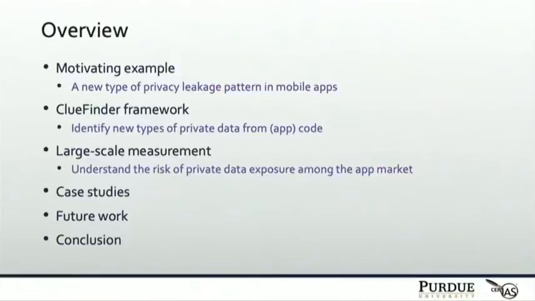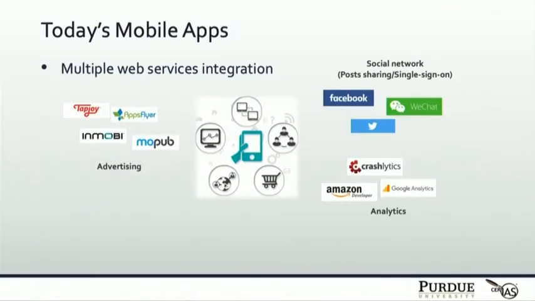With this framework, I will show a large-scale measurement, which enables us to better understand the scale and the risks of private data exposure at the app market level. And I will also show a set of interesting case studies about how and why such privacy leakage happened. And lastly, I will discuss some future work following this line of research and conclude this talk.